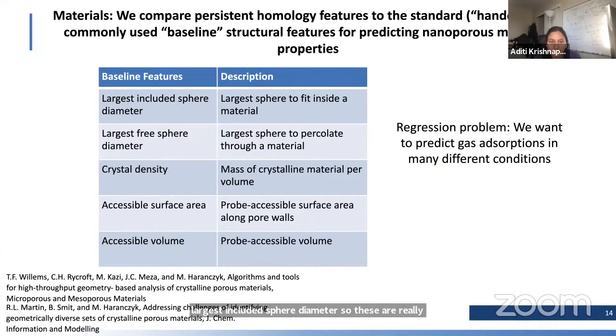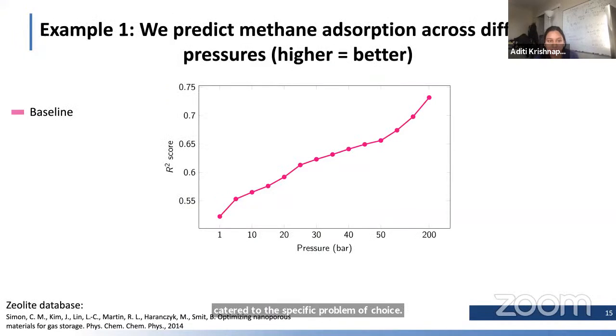And so in this case, we want to predict gas absorption across many different conditions. We start with predicting methane absorption for a zeolite database, a class of porous materials. And we see that these baseline features do quite poorly at low pressures, but they do much, much better at high pressures because they were more handcrafted for those applications. Here, higher is better.